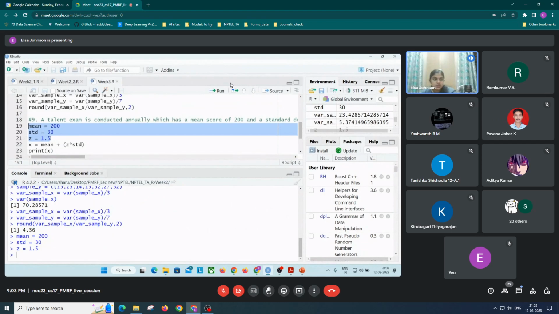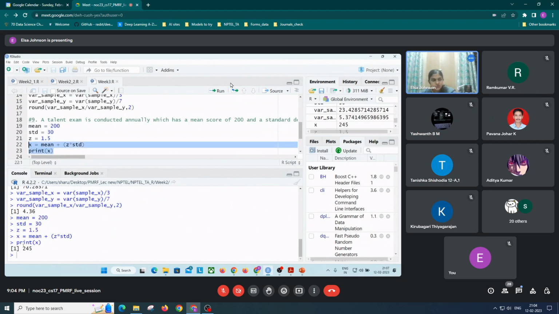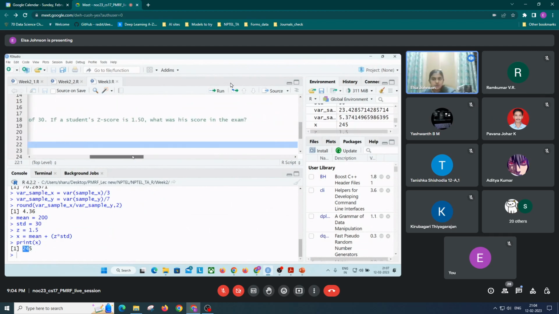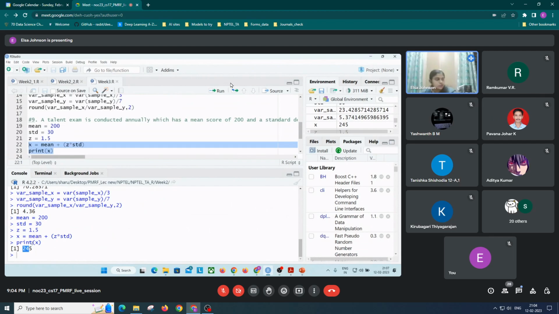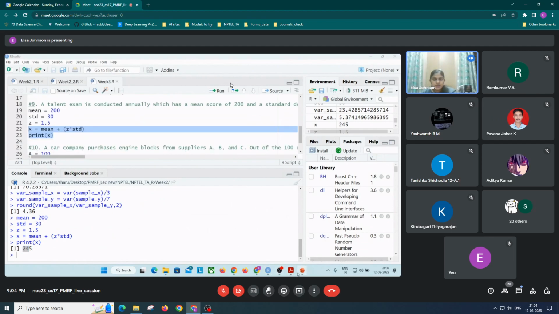You know z is equal to x minus mu, that is x minus mean, by standard deviation. So x will be mean plus z into standard deviation. So the x value for the z score of 1.5 is 245. That is a direct question only.